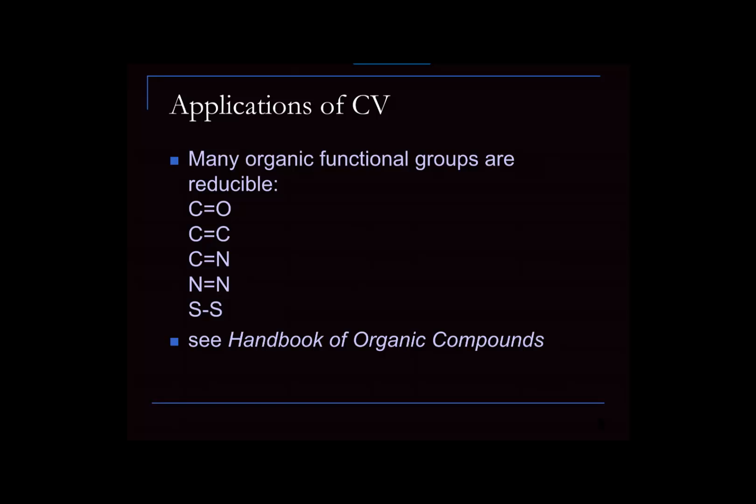And if you're interested more in organic electrochemistry, then I encourage you to check out the Handbook of Organic Compounds for an extensive compilation of redox potentials for organic molecules. And with that, I'm going to close out this podcast, and I'll talk about the hanging drop mercury electrode and the stripping voltammetry experiments in the next.